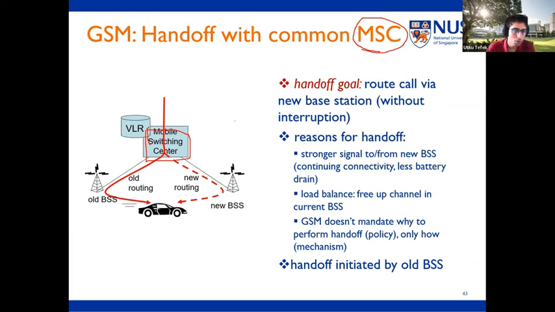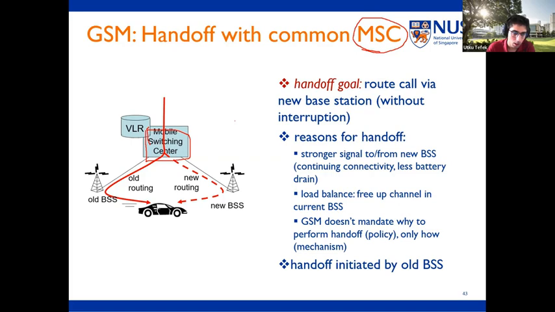So our handoff goal is that if a mobile user is speeding from one base station to another, how do we route the call through the new base station without interruptions?